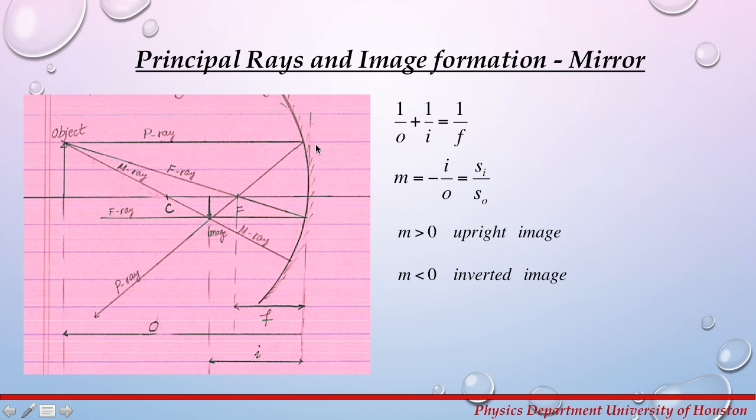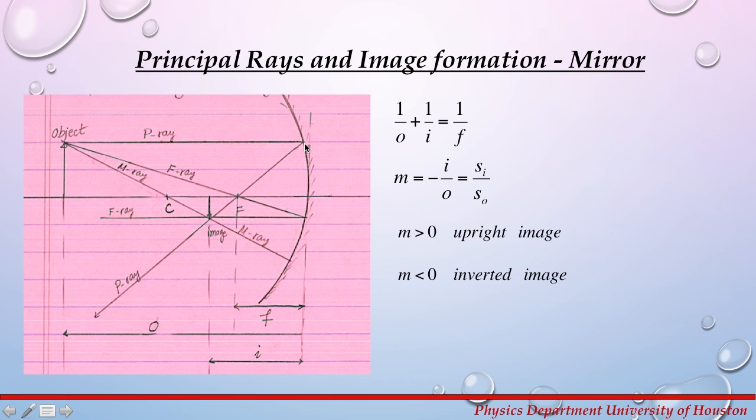During the experiment, you're going to use a concave mirror. Now let's talk about principal rays and image formation for the concave mirror. So you have an object here. The principal rays are the same as the principal rays for the lenses. So the P ray goes from the tip of the object parallel to the principal axis.